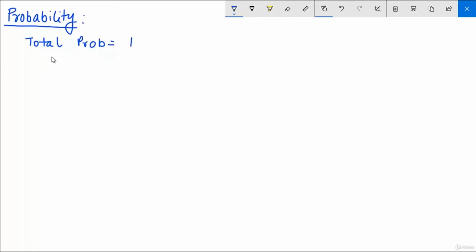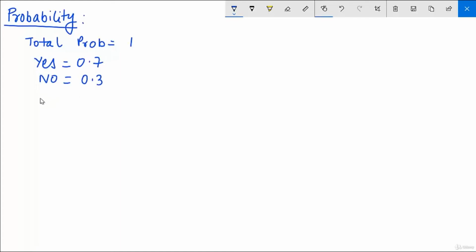So let's say the probability of an outcome yes is 0.7, and total probability is always 1. So for no, it will obviously be 0.3, right? How do we do that?